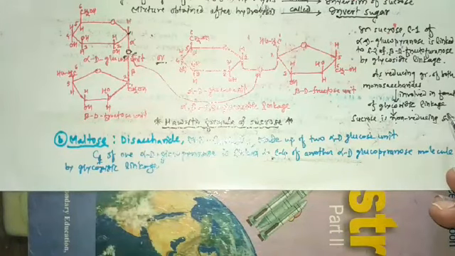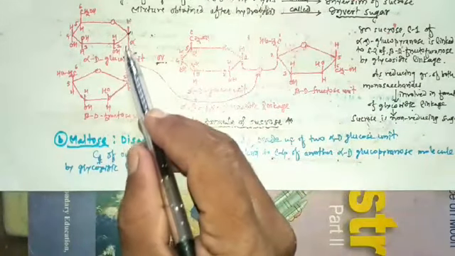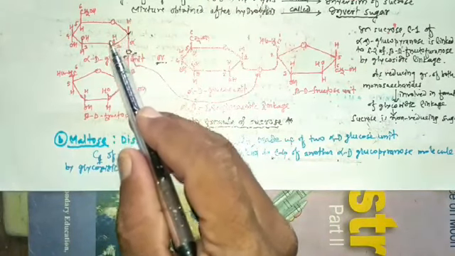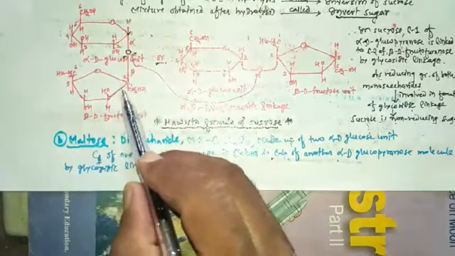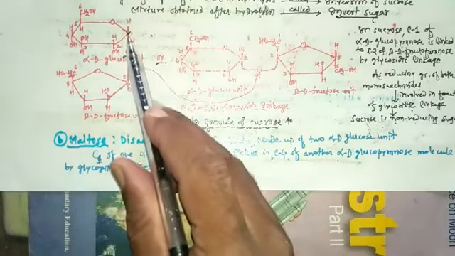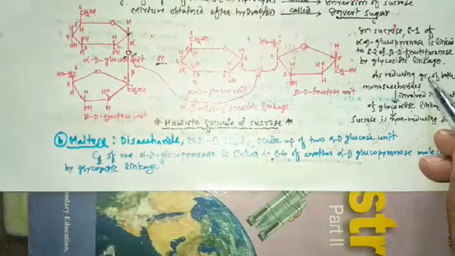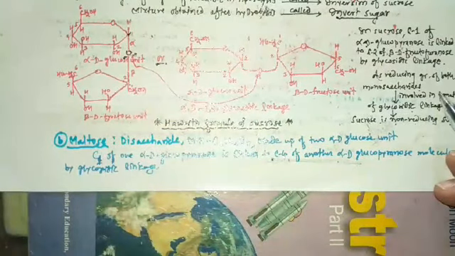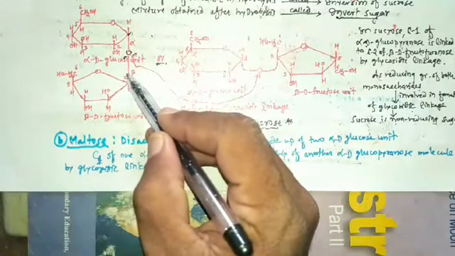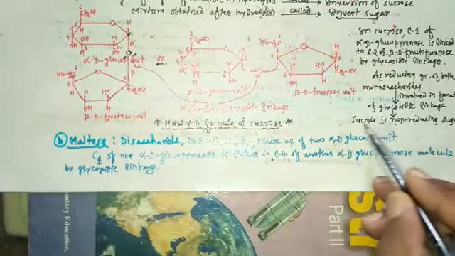Because in the glucose unit, the reducing group is the aldehyde group, and in fructose the reducing group is the ketonic group. Aldehyde and ketonic groups are both reducing groups, and they are involved in the formation of the glycosidic linkage. Therefore sucrose is a non-reducing sugar.